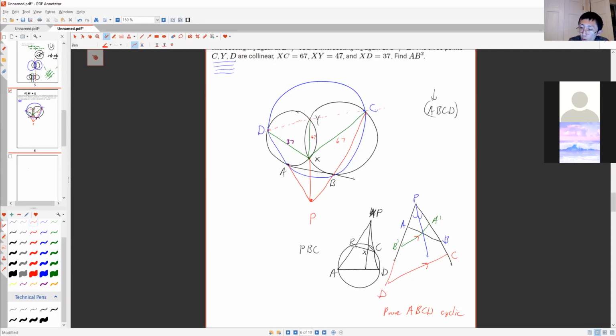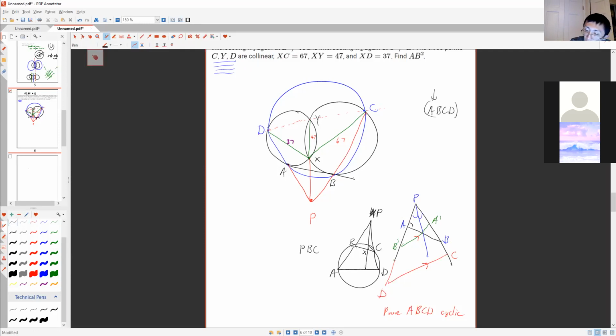So that's how you transform PAB to PCD. It's sort of anti-parallel. Yeah, that's the word for it. So angle PAB equals angle PCD.